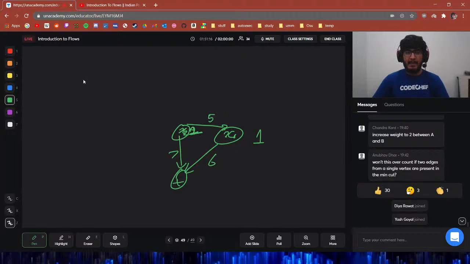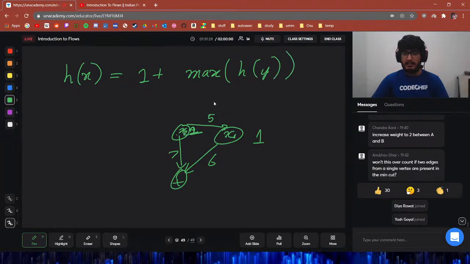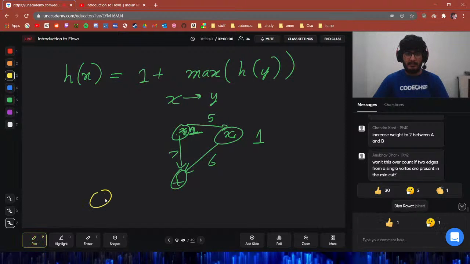Basically, the height of any node x is 1 plus the maximum of heights of y's such that an x to y edge exists. Did you understand how we are calculating heights? Just give a thumbs up if you do understand how we are calculating heights.